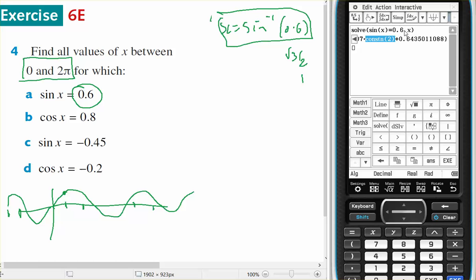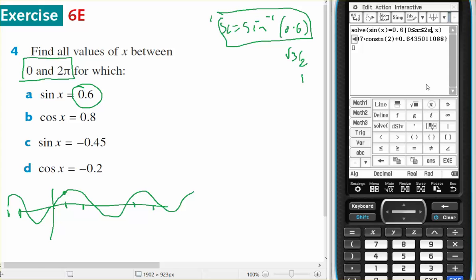So what I'd like to do is inside my equation put given 0 less than or equal to x less than or equal to 2 pi.